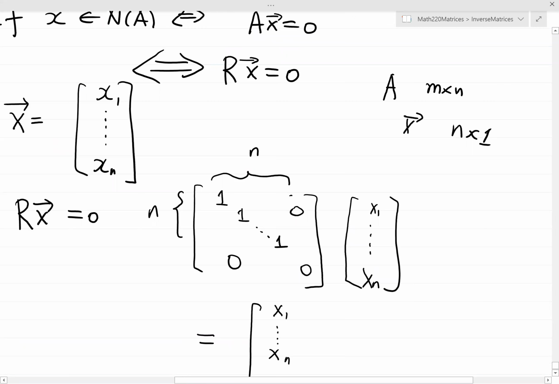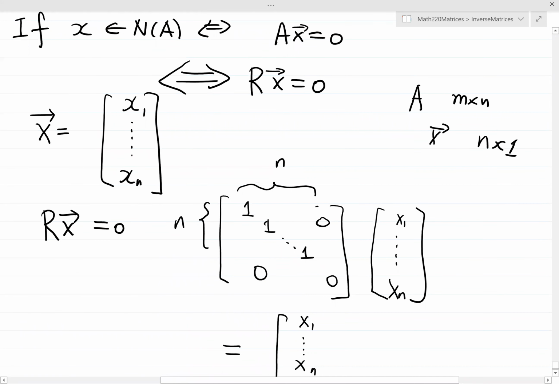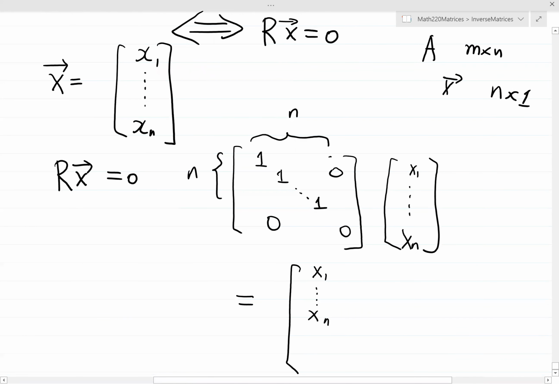N columns, yes. x has number of columns n, yes. Okay, sorry, my bad.